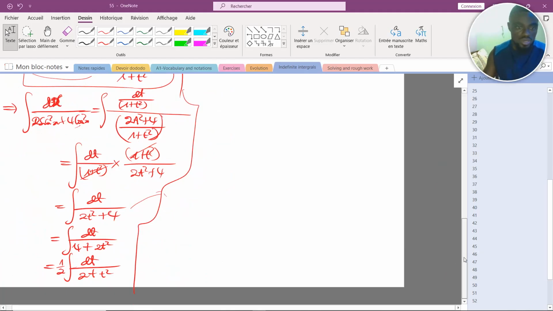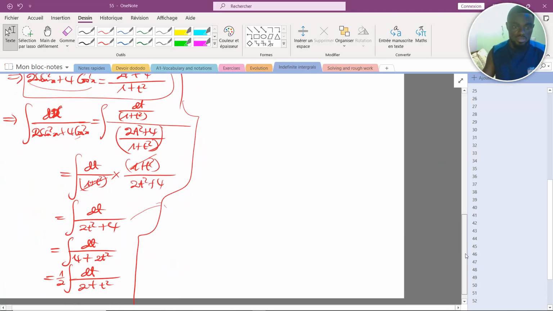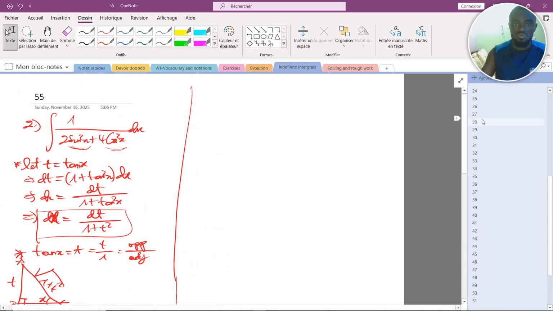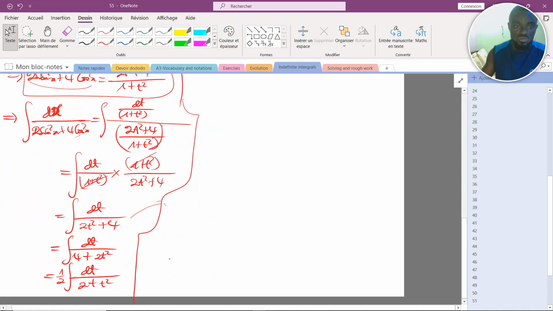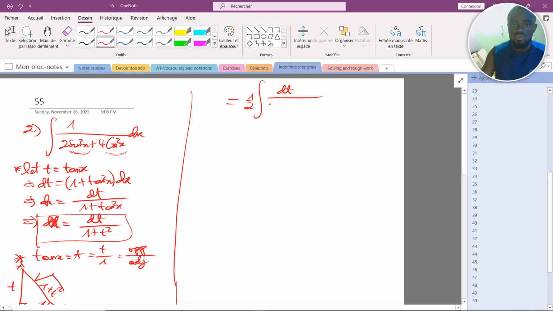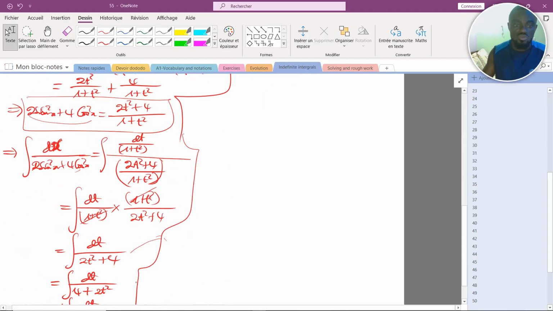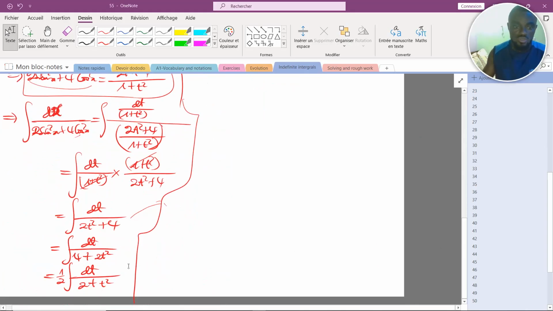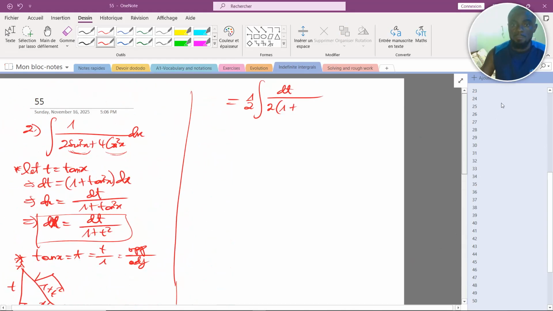So this will be equal to a half integral of dt on, I'll factorize the 2, so this becomes 2 into 1 plus, since there is no 2 here, that will simply become a half t squared.